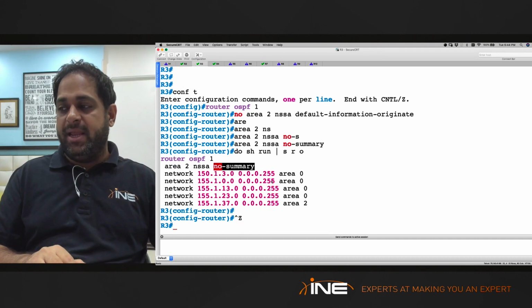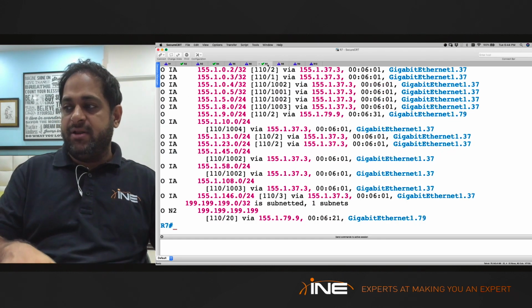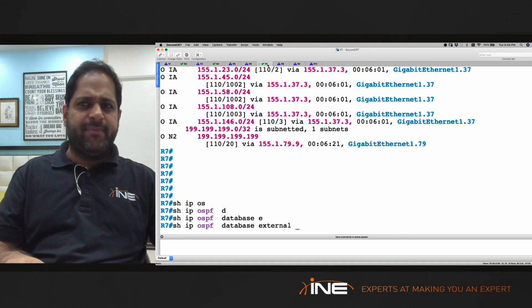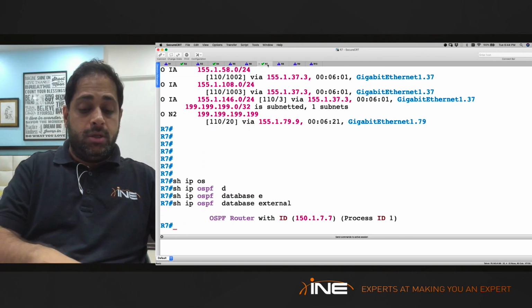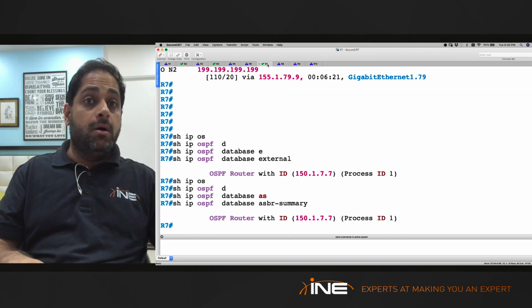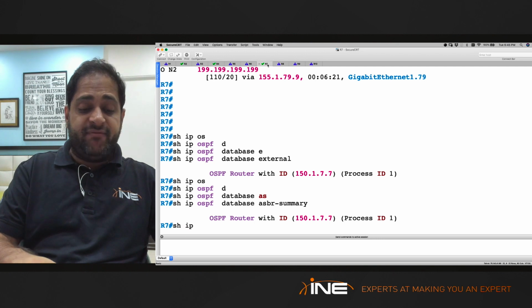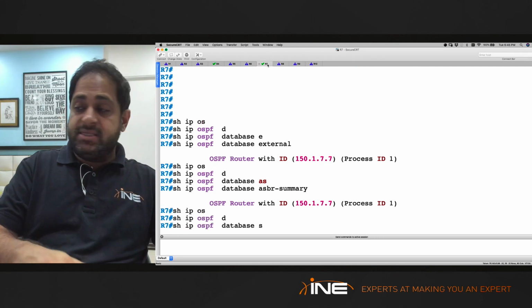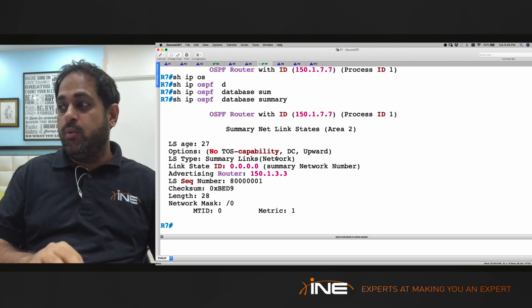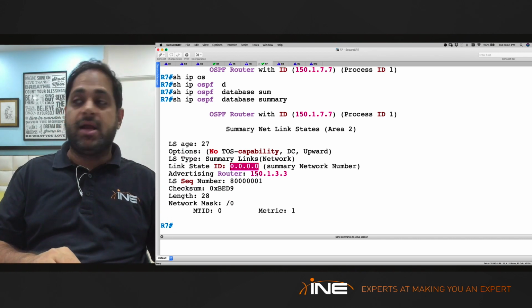What this basically means, if I look at R7, show IP OSPF database external, do I have type 5? No. Do I have type 4? No, it was blocked. Do I have type 3 summary? No, I only have one type 3, which is the default route coming from R3.